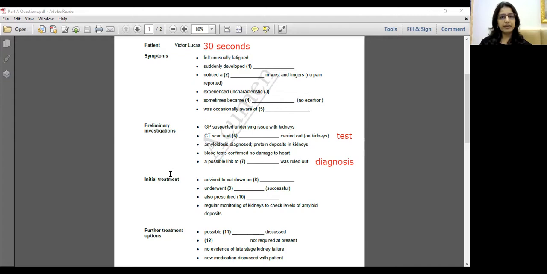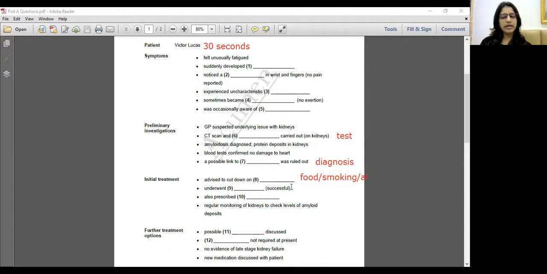Then the treatment. Now in treatment it says cut down. To cut down is to reduce. Here I'm looking for something related to food, or it could be smoking, or it could be alcohol that the patient might have been told to reduce.